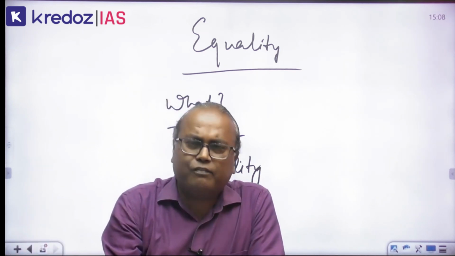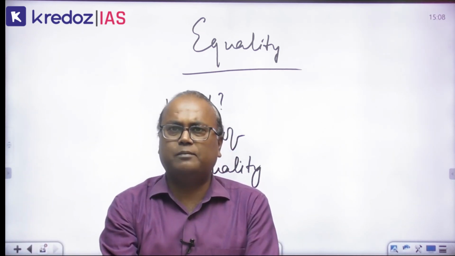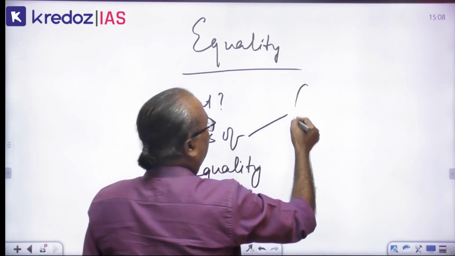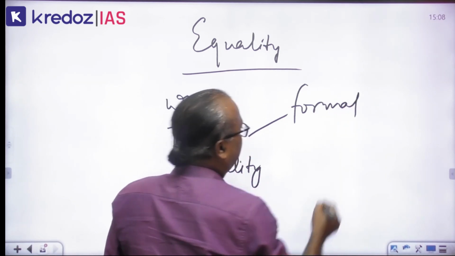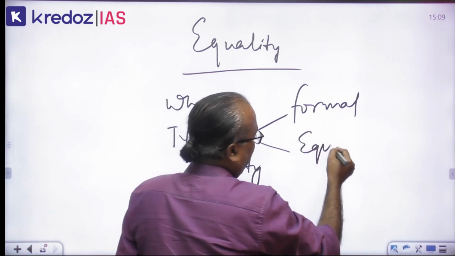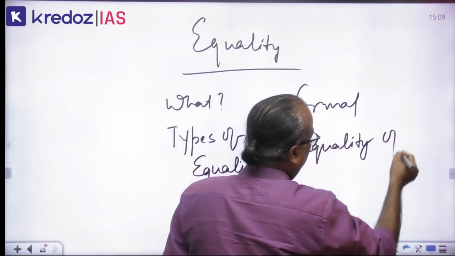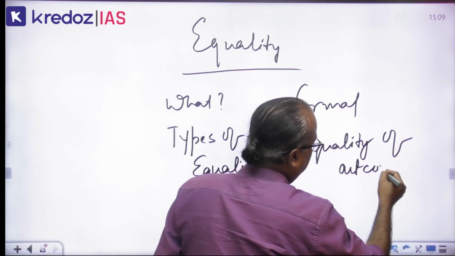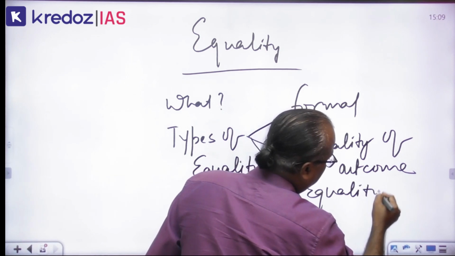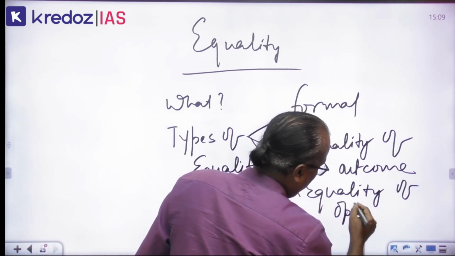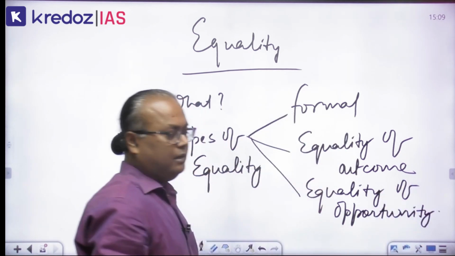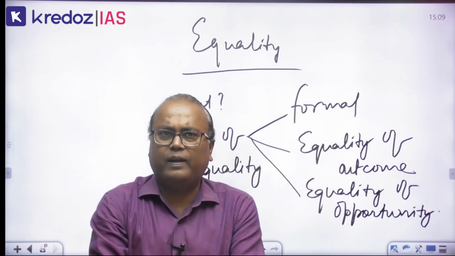So it is formal equality, equality of outcome and equality of opportunity. Okay, so there are different sorts of equality.